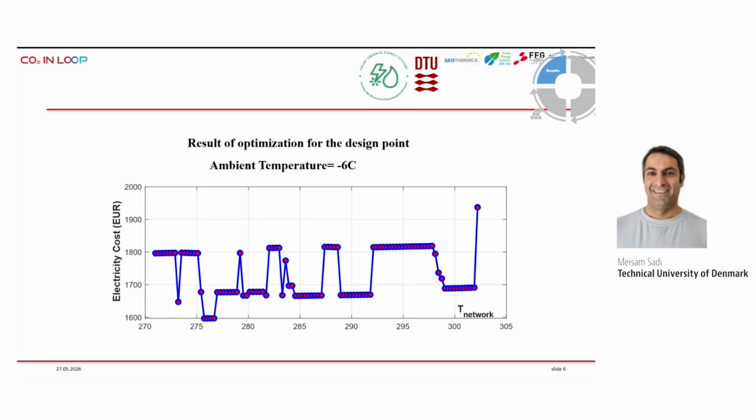We could perform the optimization algorithm on that. Here we defined the operation expenses, or the electricity price, as the objective through the year to see how the system performs and how we can compare the scenarios.